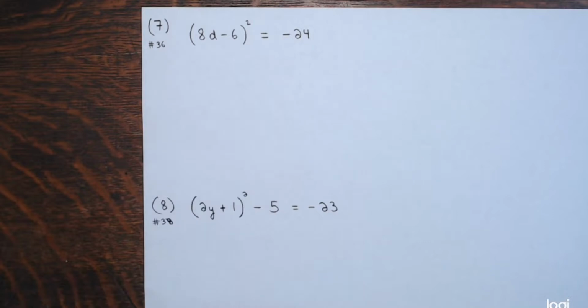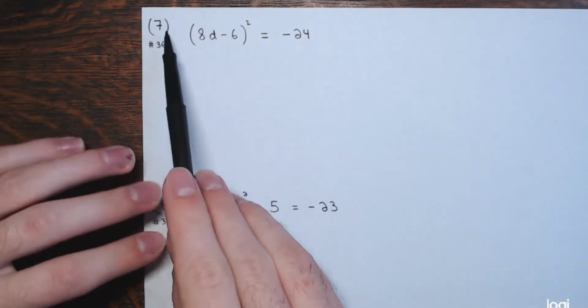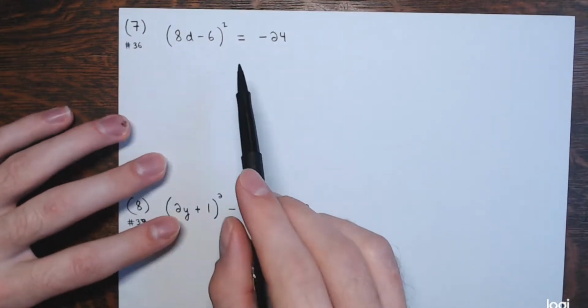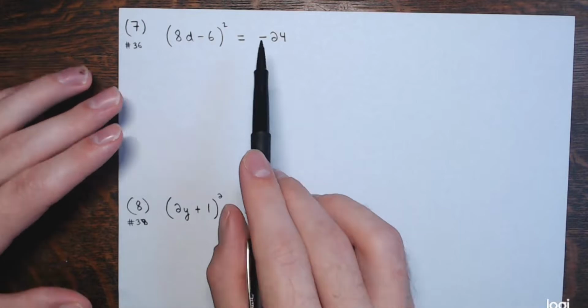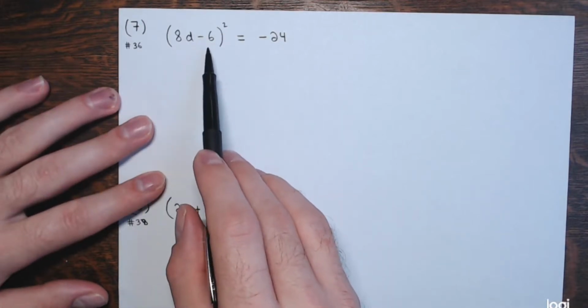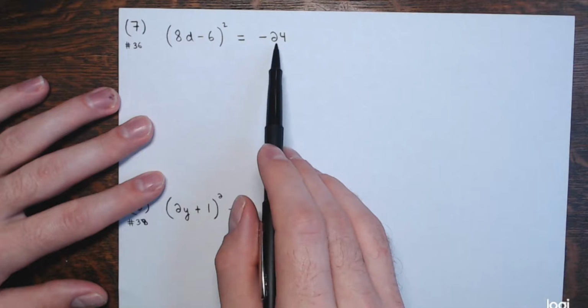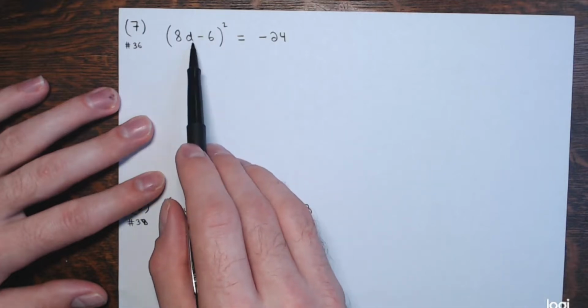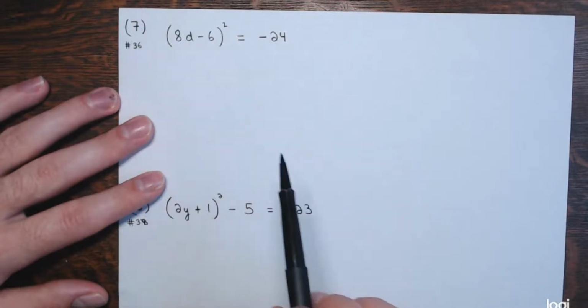All right, so now number 7, which is exercise 36 from the text. It starts off the way I want. I've got the variable expression squared on its own side, a number on the other side. The variable d is inside the square. There's no variables outside the square.